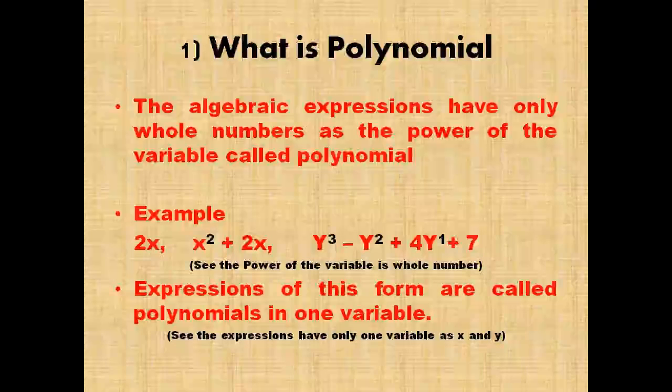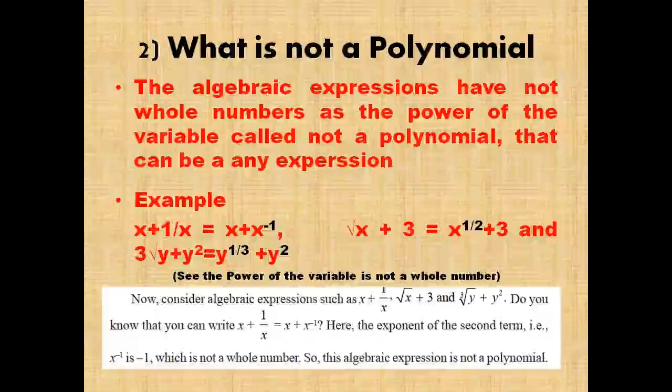So expressions of this form are called polynomials in one variable. In the 9th and 10th standard, we study only polynomials in one variable. Generally we use x or y, but any alphabet can be used.